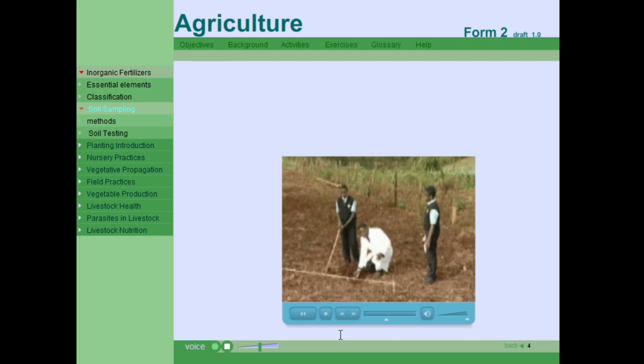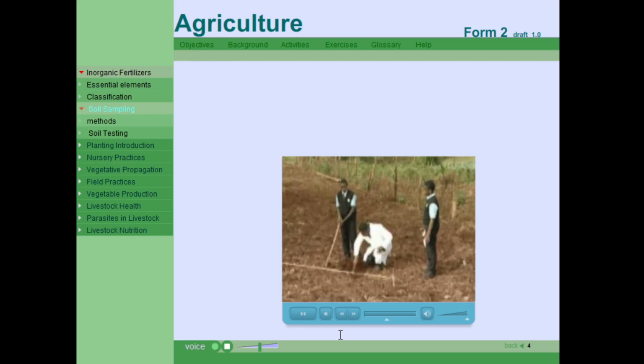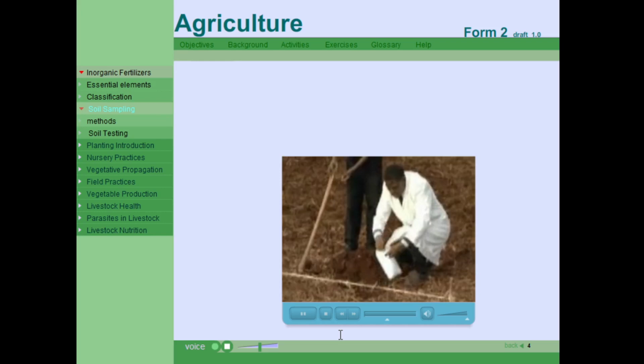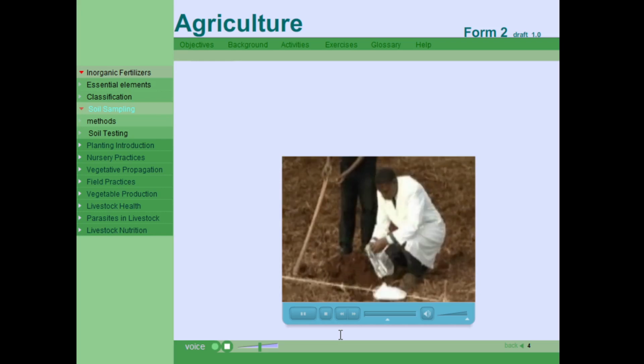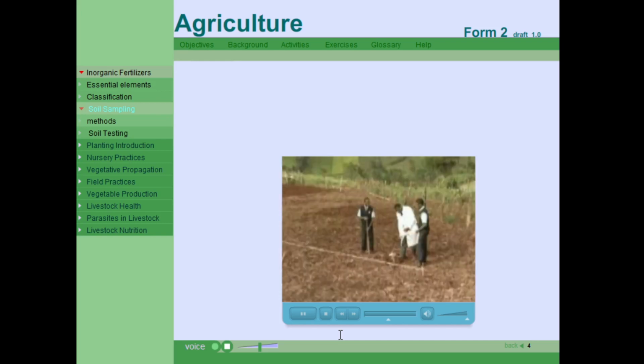We shall collect our initial sample from this point and this depth, and we shall put it into our bag. That is our initial sample.